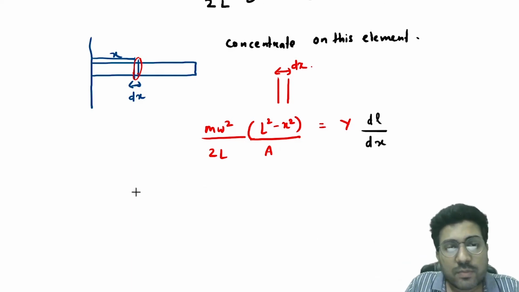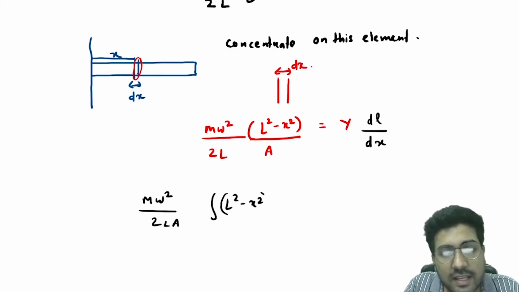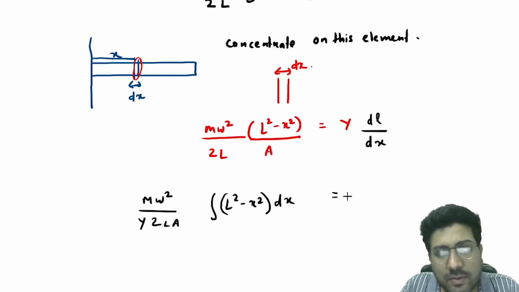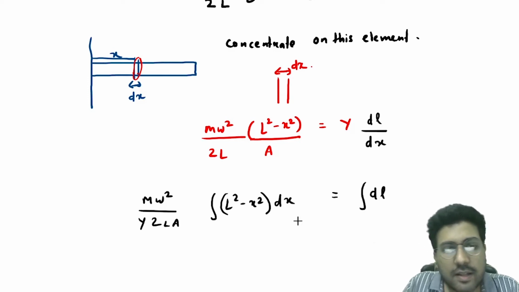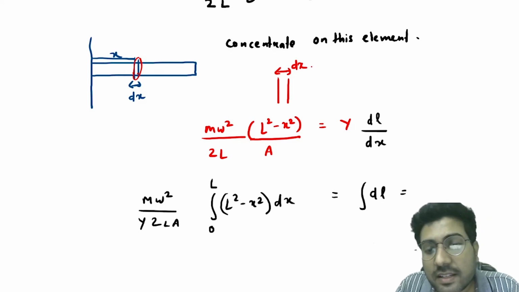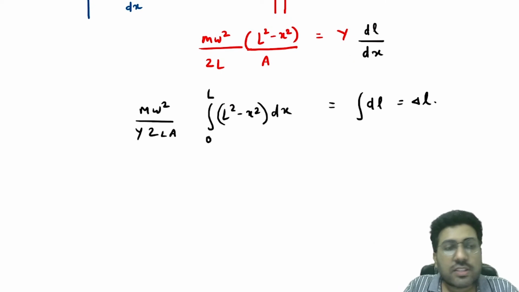From this again you will get m omega square by 2LA integration of L square minus x square dx. Y also I can bring here. Now again from x equal to 0 to x equal to L, when you integrate you will get integration of dl is delta L. Summation of all the elongations of small elements gives you the total elongation.